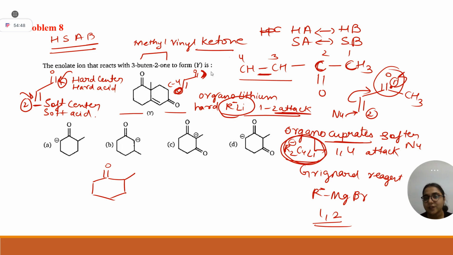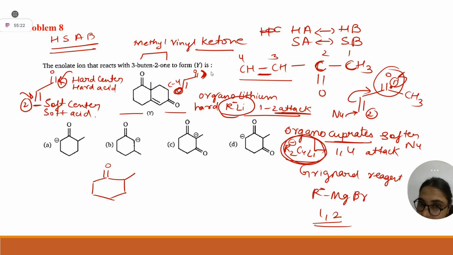Okay. Now someone will have a doubt: ma'am, how are organolithiums hard nucleophiles and how are organocuprates soft? Among copper and lithium, which is more eager to go into the monocationic form, Li positive? Lithium, obviously, because after leaving that one electron, it will attain noble gas configuration.